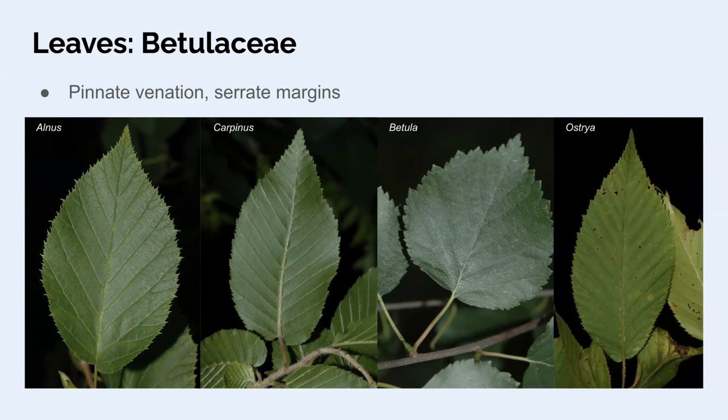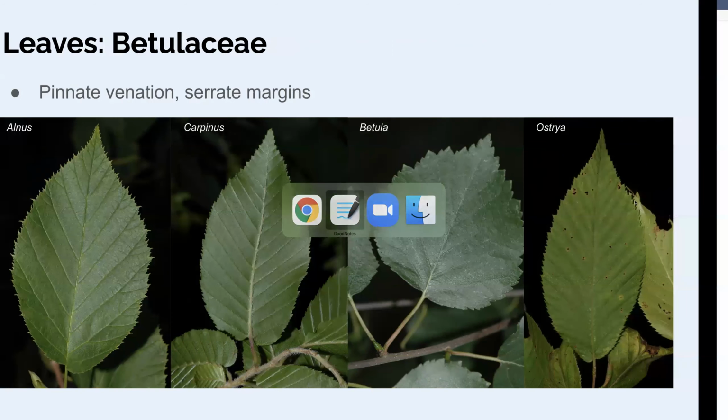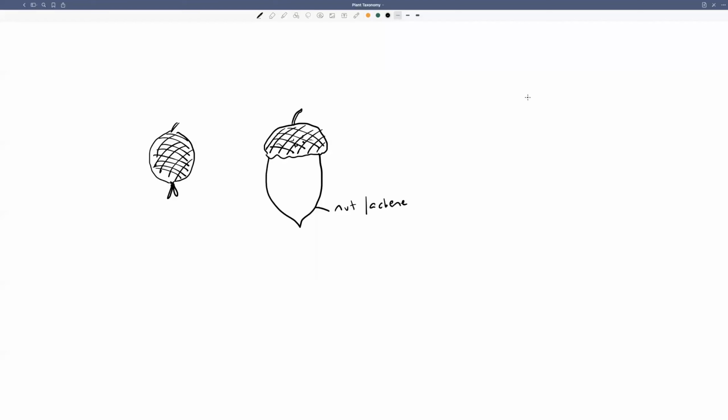Features you might use to tell these families apart also include their venation. Here we've got Betulaceae again, pinnate leaf venation and serrate margins, sometimes doubly serrate. So some people use this as a pretty useful characteristic to tell Betulaceae.